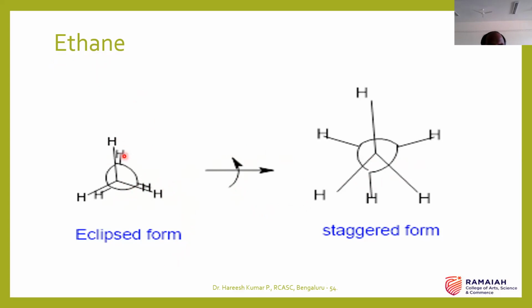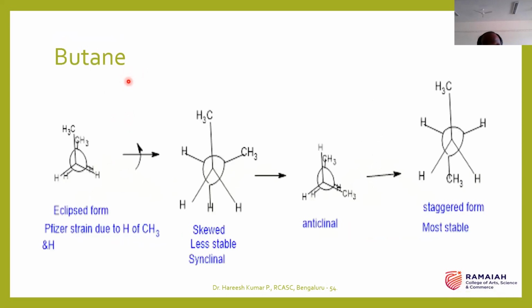Before that, we will also discuss the Newman conformational representation of butane. So butane means CH3, CH2, CH2, CH3. This one is the butane, and this one is called the eclipsed form. You can observe that CH3 and CH3 are eclipsed.